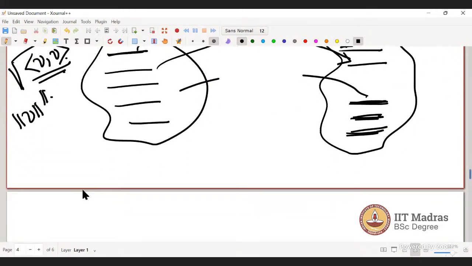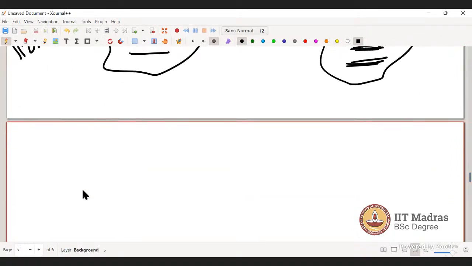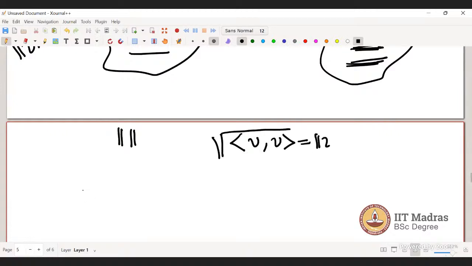For example, for this kind of norm, you cannot define it using an inner product, such that the inner product of V with itself equals the norm of V.